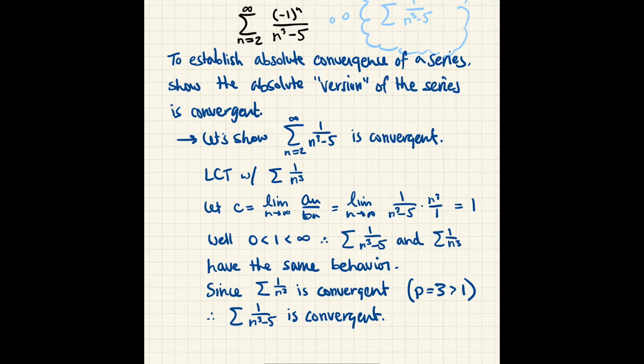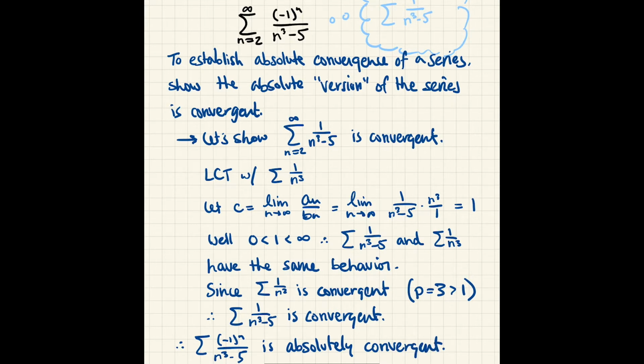All right, so we have shown that the absolute version of this series is convergent, which means we can draw the main conclusion, which is that the original series we're interested in, which was this alternating version of it, is absolutely convergent.